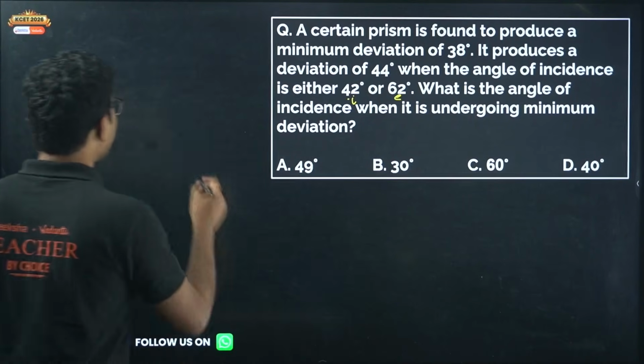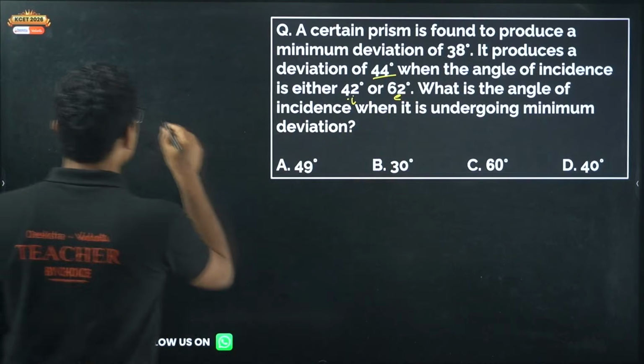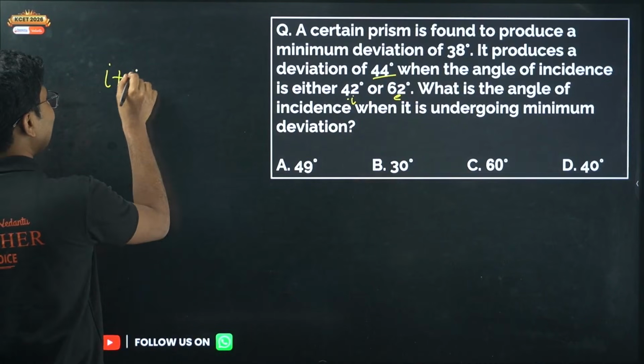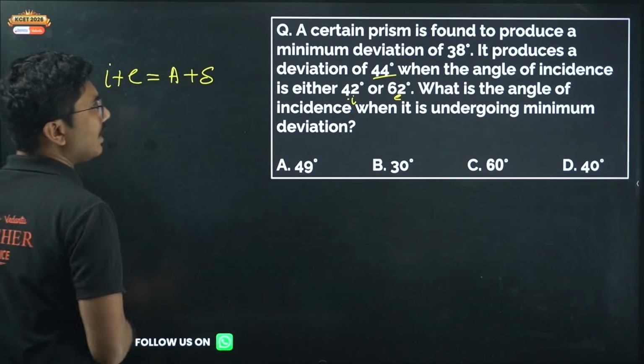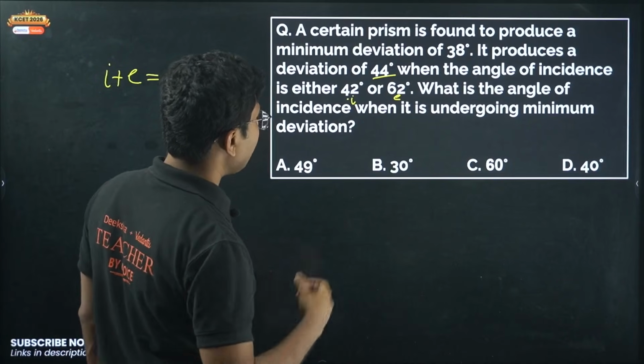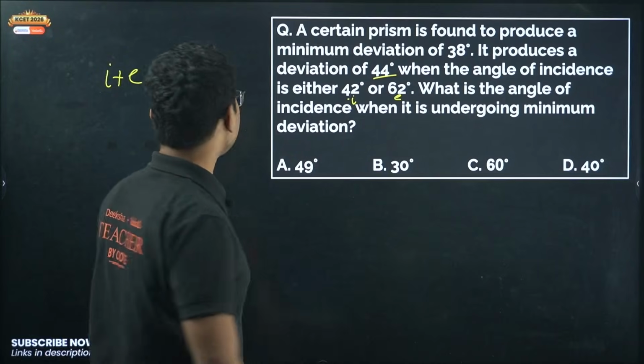So we know that for 44 degrees, these are the I and E. We know that I plus E equals A plus delta. In this particular case, the angle of the prism is not given.